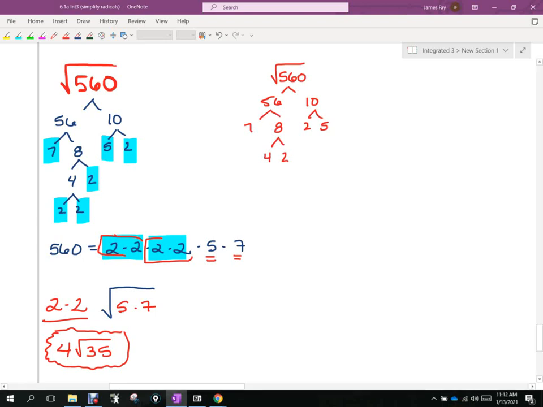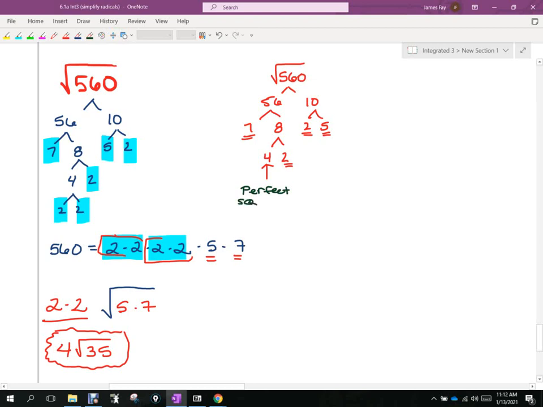We wouldn't necessarily need to break the 4 down, and this is the reason, okay? That's 7, right? That's prime. 2 is prime, 5 is prime, 2 is prime. What kind of number is 4? It's not prime, but it's a perfect square.